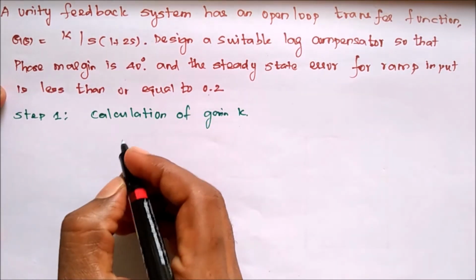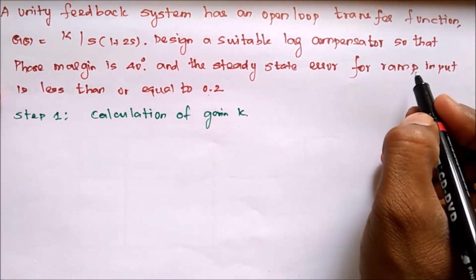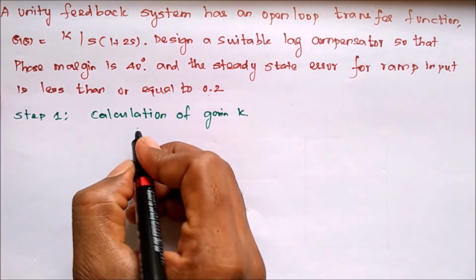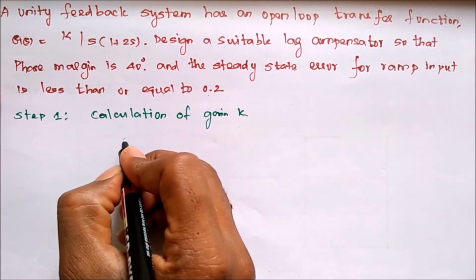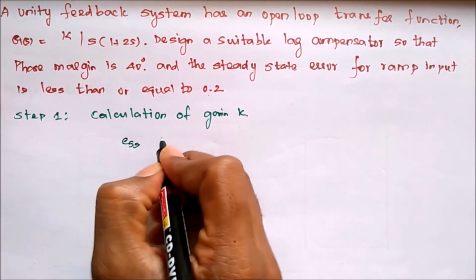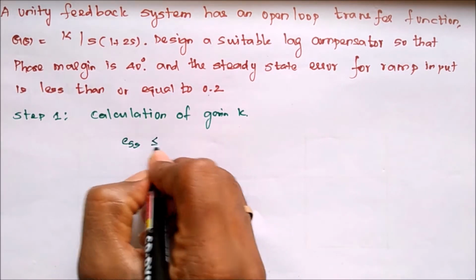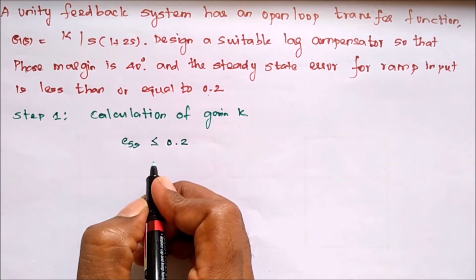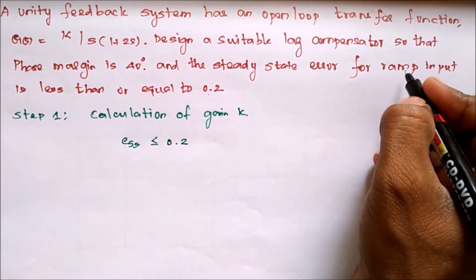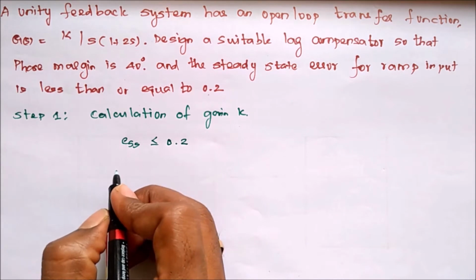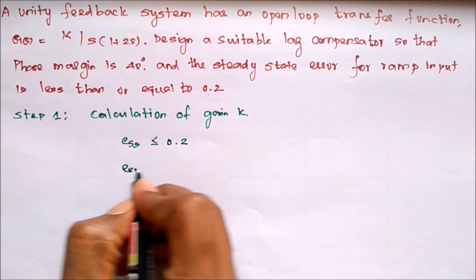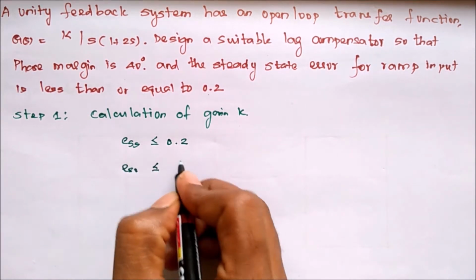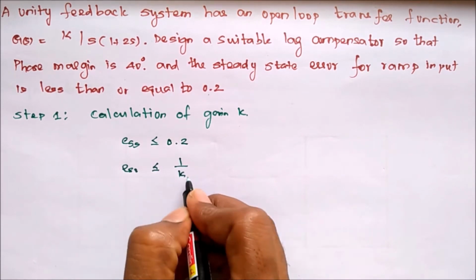From the given problem, the steady state error for the ramp input is less than or equal to 0.2. We already know the formula for steady state error when the input is ramp: ESS is less than or equal to 1 by Kv.